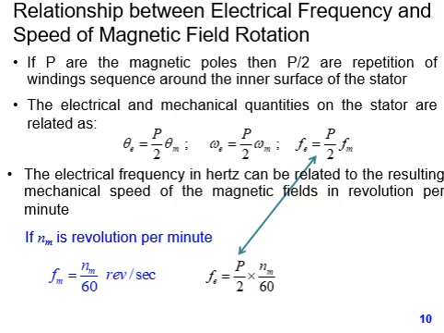Solving this equation for Nm, we get Nm is equal to 120 f E over P.